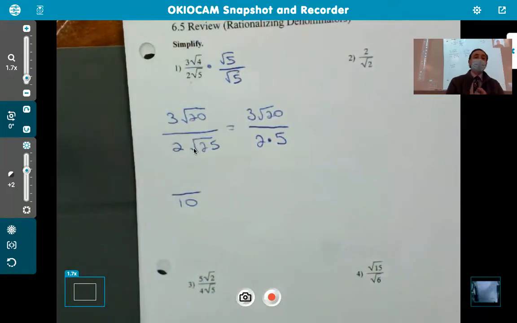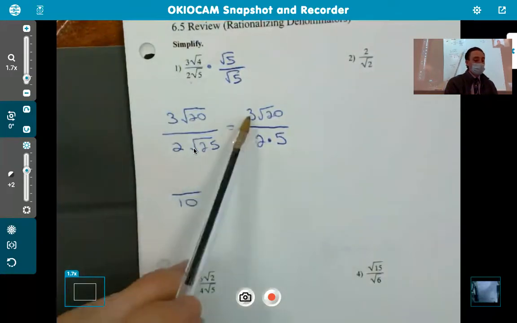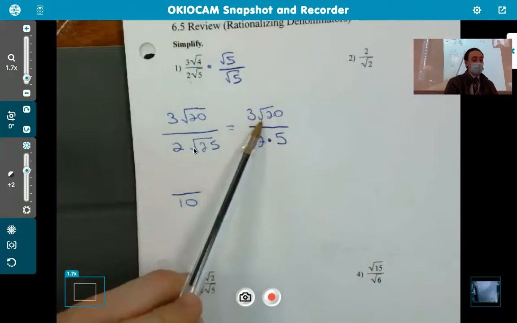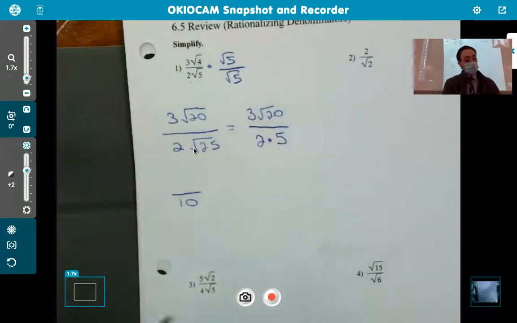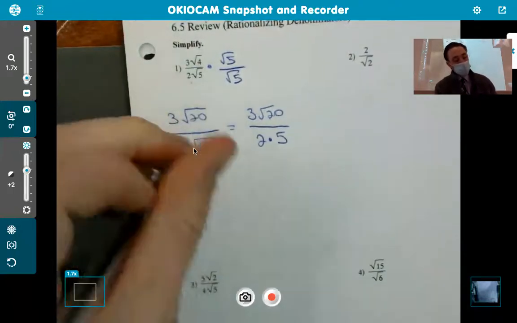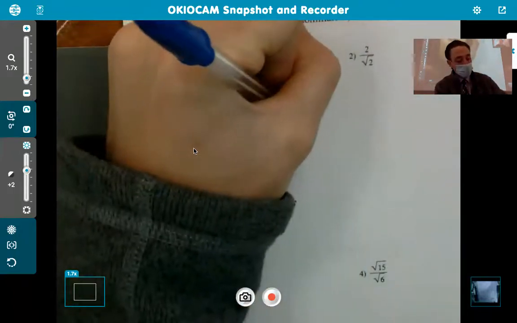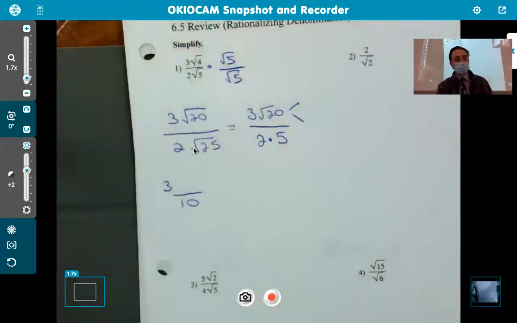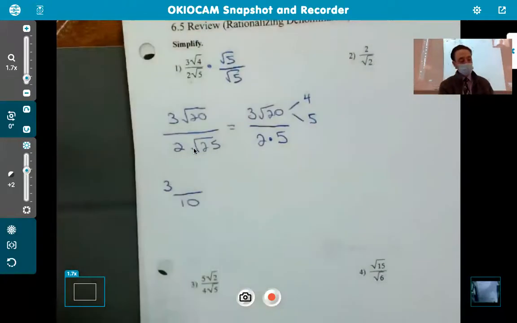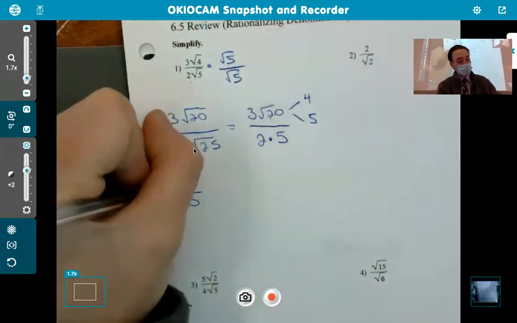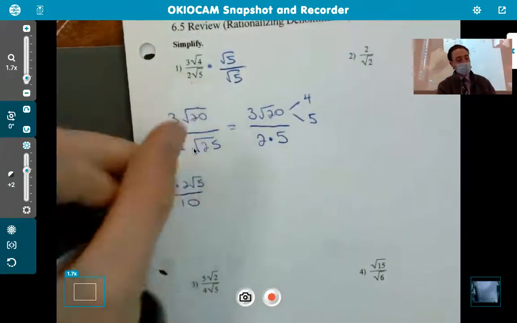Well, one thing that I'm holding off from doing just for the time being is simplifying my numerator. Notice that I can break down the square root of 20 a little bit further. All right. This will become 3 times. Well, if I'm thinking about factors of 20 where maybe one of them is a perfect square, 4 and 5 would allow me to break root 20 down into 2 root 5, right?